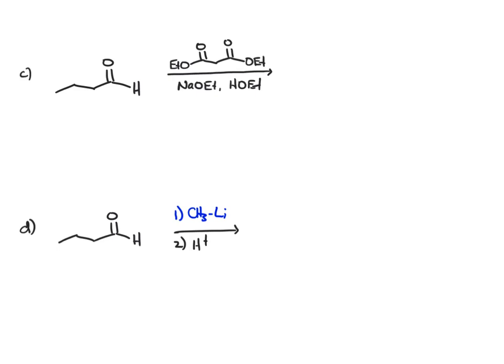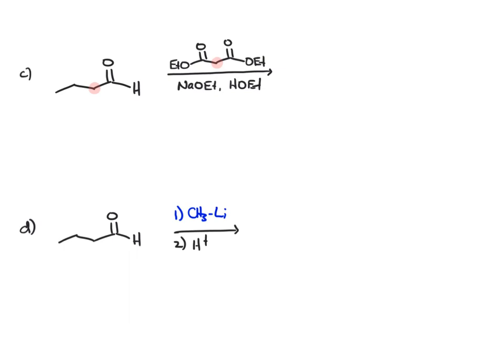In C, we have this diethyl malonate reacting in the presence of base with butanol. And now, because we have acidic protons here and here, we have to figure out which ones to choose. And the ones between the 2 carbonyls, those are more acidic. So that's going to be where the base reacts preferentially to give you the enolate.